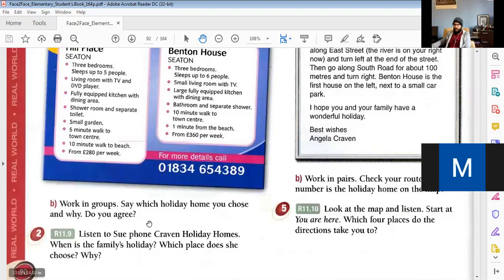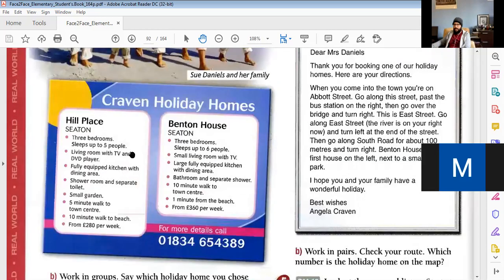And they called Craven Holiday Homes. And in the end, Sue chose Hill Place, sorry, not Hill Place. She chose Benton House because it's closer to the beach, and because Hill Place wasn't available.